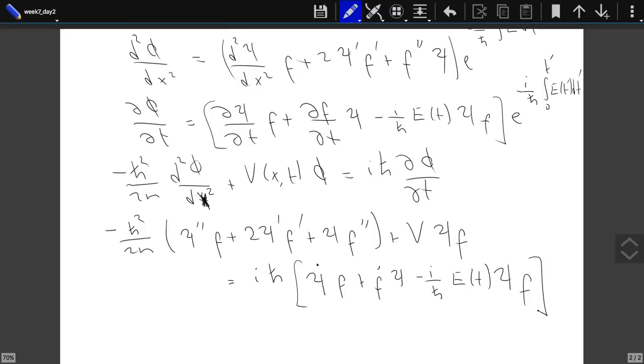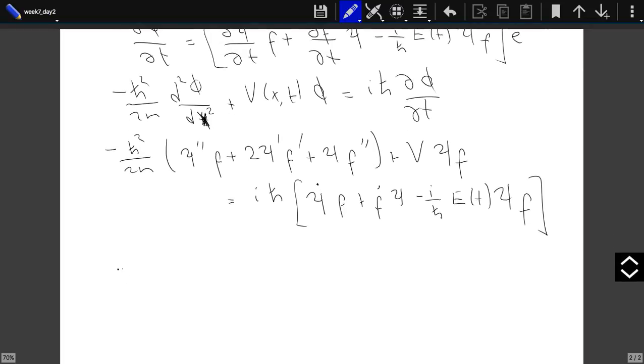But you see, ψ already satisfies this equation: minus ħ² over 2m ψ'' plus V ψ is equal to E(t) ψ. ψ already satisfies this equation. That is how we chose ψ to start with. And V can depend on x and also on t.